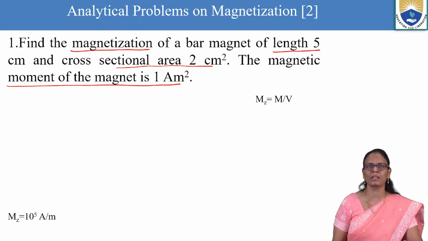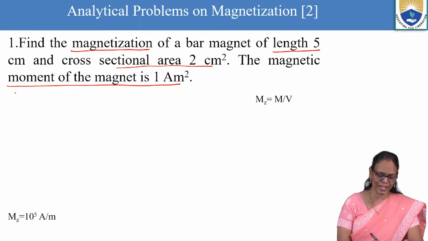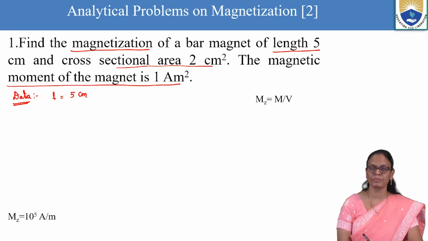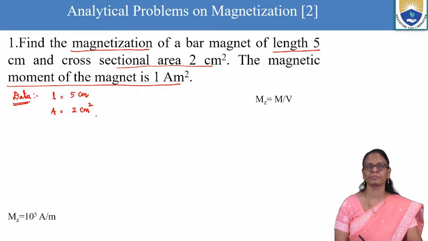It's a very simple numerical. First we'll write the data given. The length L is equal to 5 centimeter. Area A is equal to 2 centimeters square. The magnetic moment, which I'll denote by small m, is 1 ampere meter square.